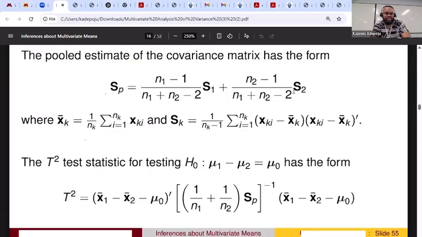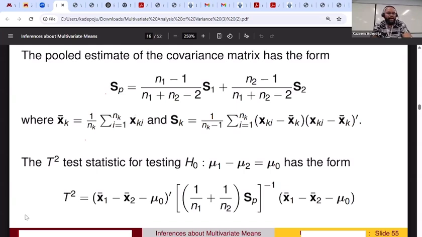So this guy now, that's a pooled sample covariance. This guy here, sample covariance for group one. This guy here, sample covariance for group two. Don't forget, each group has more than one variable. The fact that they have more than one variable, we can construct the sample covariance based on that. Now, this is the formula.